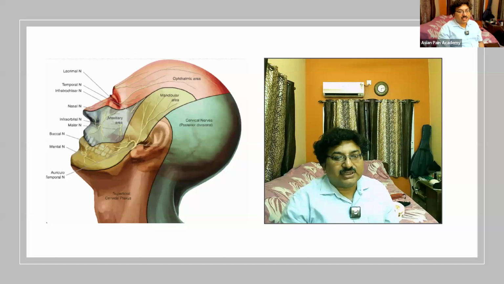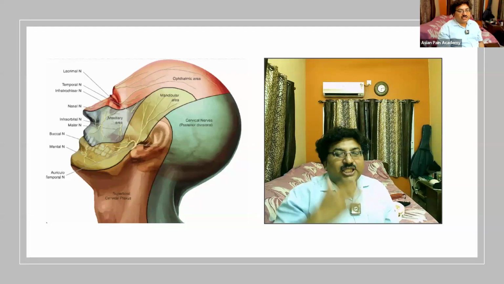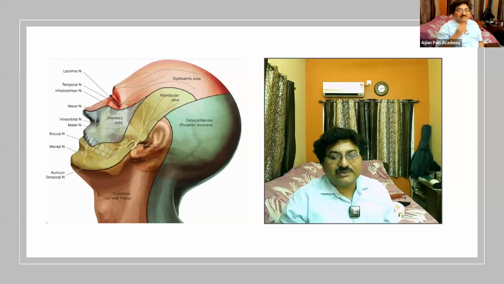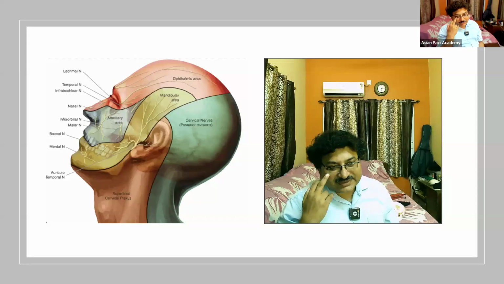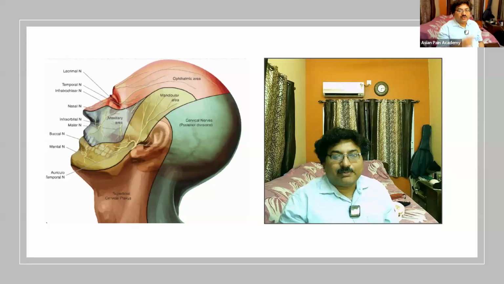The whole thing is supplied by the nerves from the ophthalmic division, whereas the maxillary division supplies the middle portion, which remains close to the maxilla. It extends up to the lower palpebral fissure or the lower eyelid also, and last but not the least is the mandibular nerve, which supplies the lower jaw.